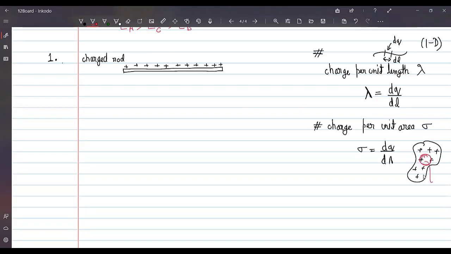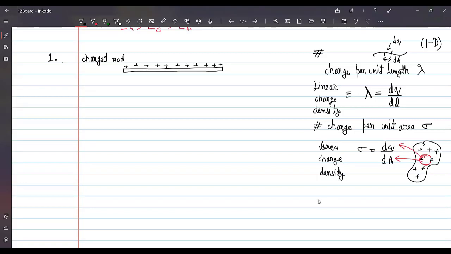In this region, if the charge is Q and the area of this region is A, you can define sigma. Sigma is charge per unit area. This quantity is called linear charge density, and this quantity is called area charge density.